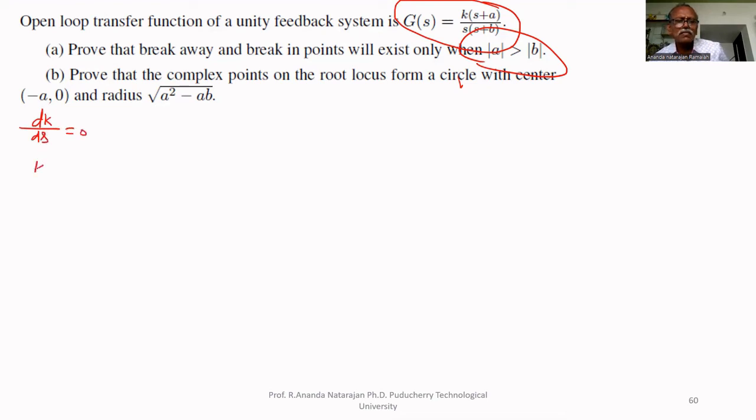Therefore, K equals minus S multiplied by S plus B upon S plus A.